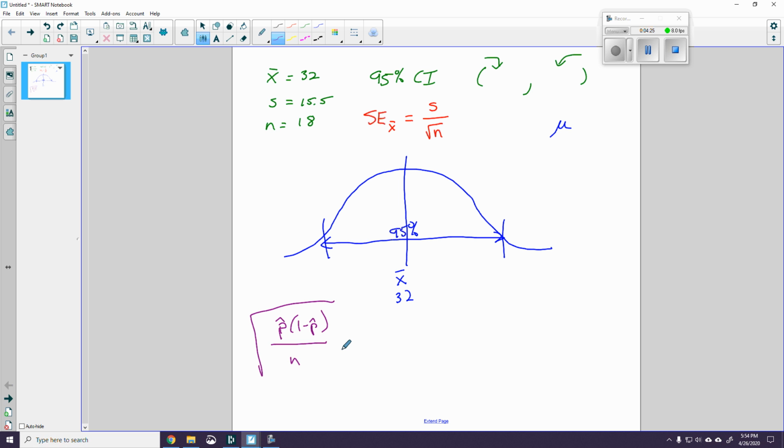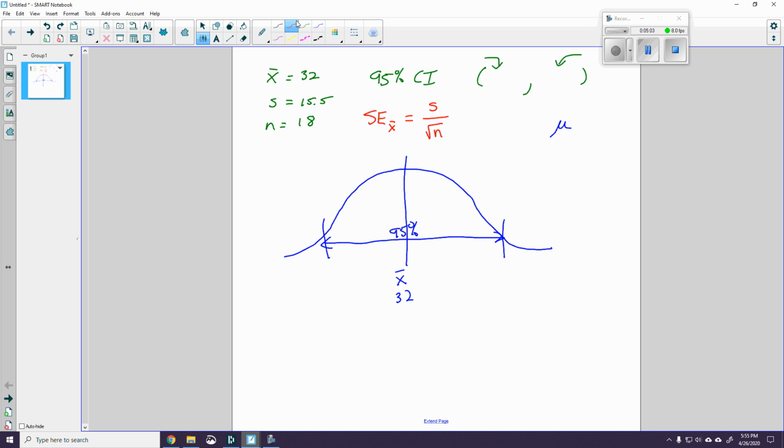Our denominator is always the square root of n. Why the numerator doesn't have a square root up here and why it does down here is a mathematical question that I can tell you about on the side. I don't want to get off into that right this moment. But the thing to keep in mind is that the denominator on both of these is the square root of the sample size n.